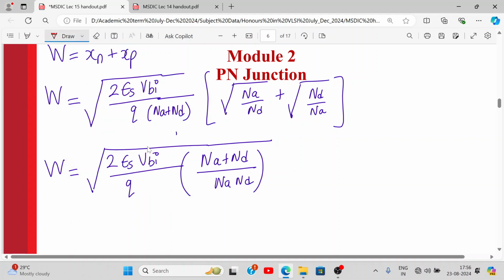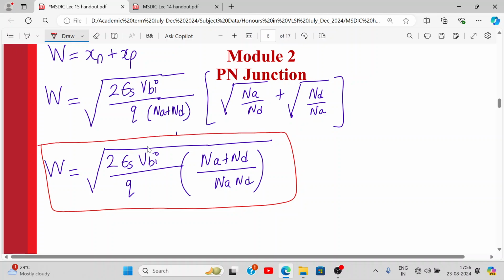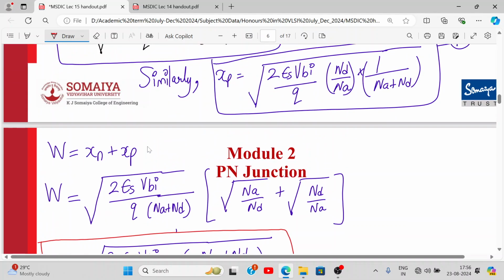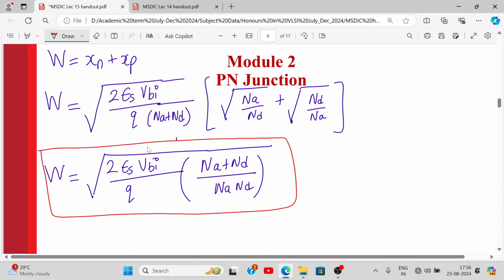You're good at mathematics. Of course, you have to be in this subject. So this is equation number 19. You figure out how you do it and let me know if you get anything different than this. Na plus Nd upon Na Nd.